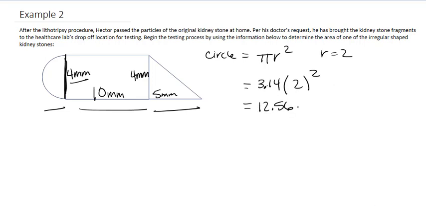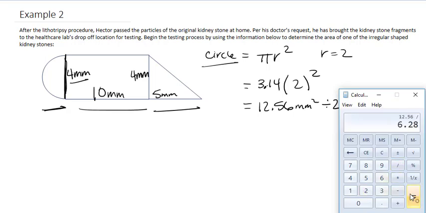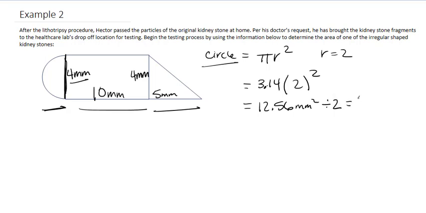Now, we know though that we have only half a circle, and this is for a full circle. So we will need to divide by 2 in order to find the area of the half circle. So this gets us to 6.28 milliliters squared.